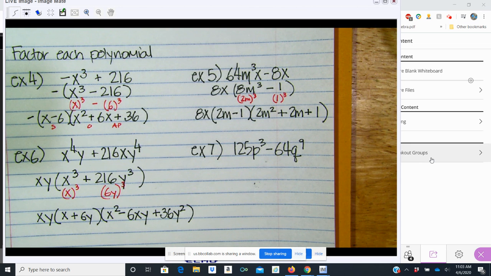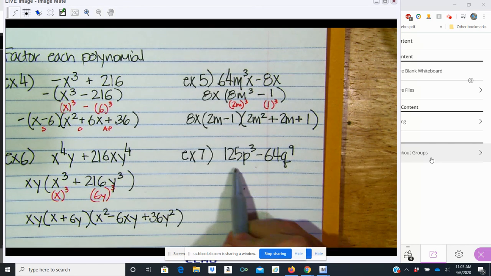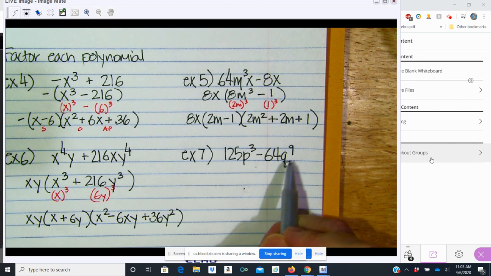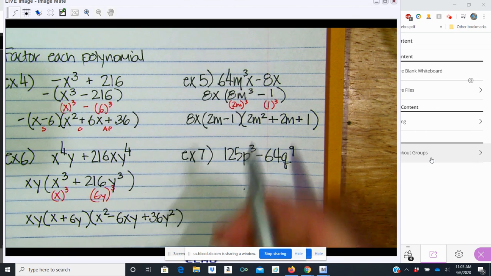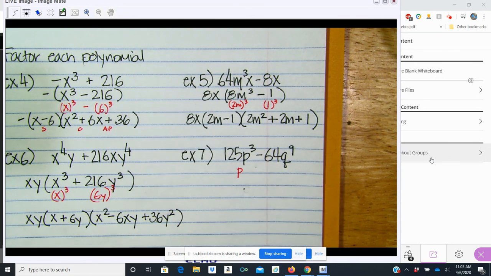All right, last one. Can I pull anything out of 125p cubed and 64q to the ninth? Nah. But p to the third is a perfect cube. Is 125 a perfect cube?